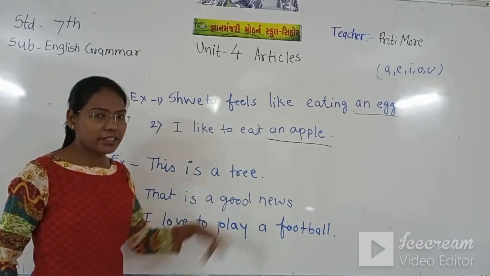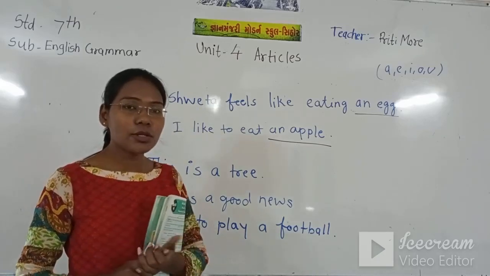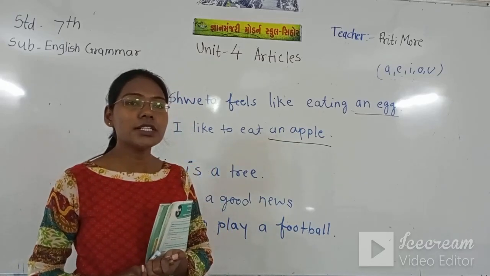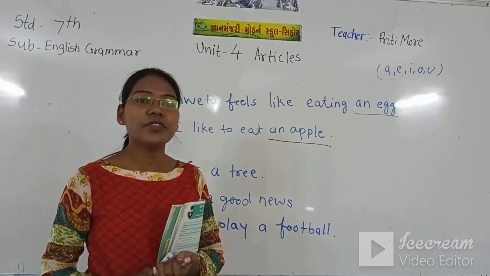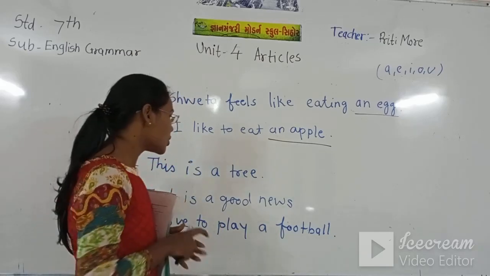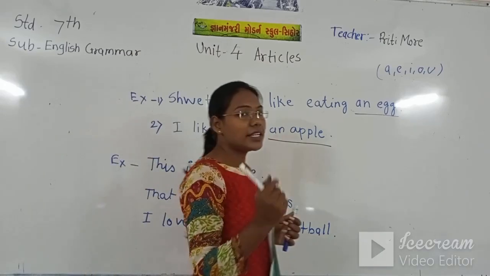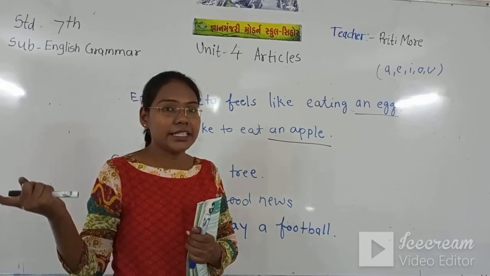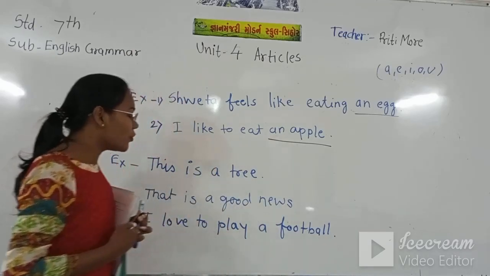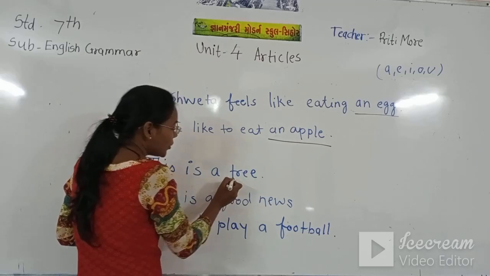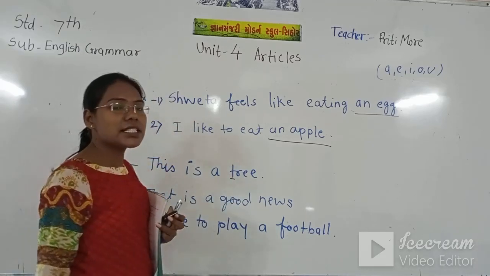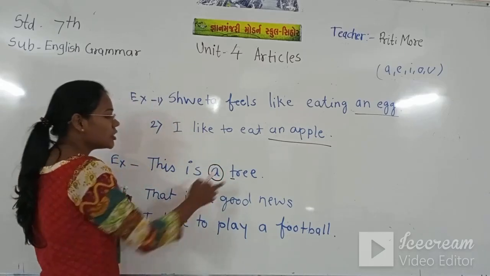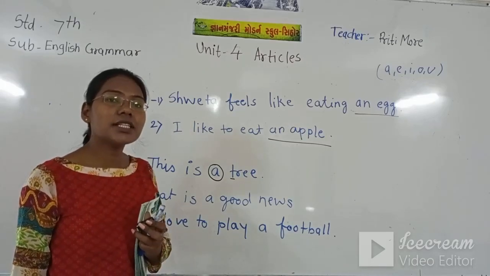This is a tree. What we have seen, this a is also an indefinite article, and we use the article a when the singular countable noun begins with a consonant. Rest of the letters, except A, E, I, O, U, these five are the only vowels, and the rest of the letters are consonants. So here the singular countable noun begins with T. So this T is a consonant. Before this T, which article have we used here? A. Because the word tree begins with a consonant.